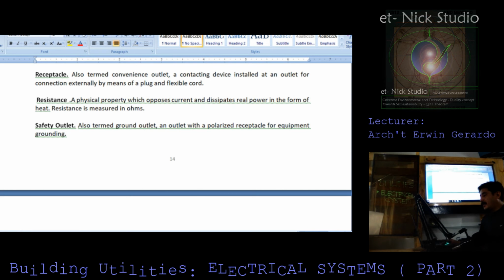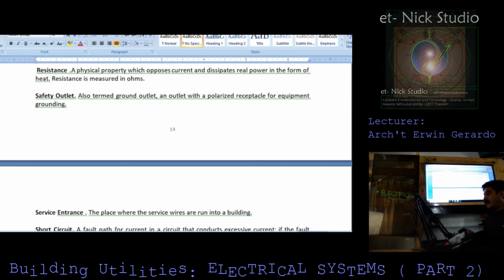Receptacle, also termed convenience outlet, a contacting device installed at an outlet for connection externally by means of a plug and flexible cord.